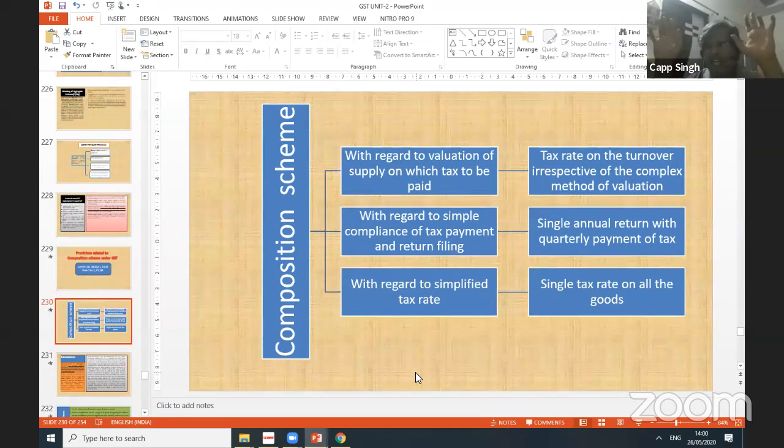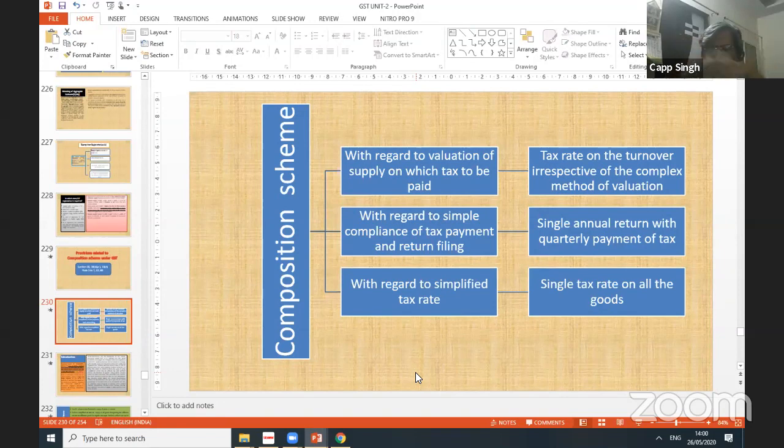No typical calculation method. Secondly, they have to file only one return. An annual return is there, whereas other taxpayers have to file so many returns. And mind that the composition taxpayer has to pay tax quarterly, but return filing is only yearly.